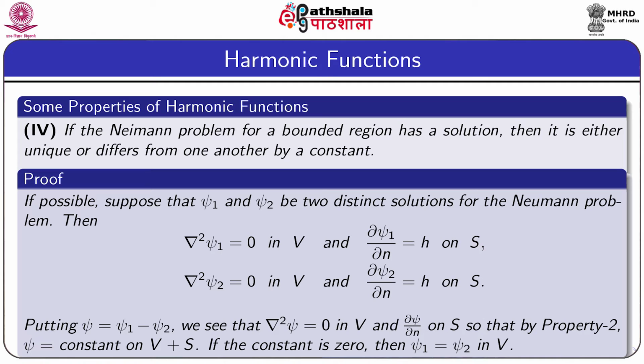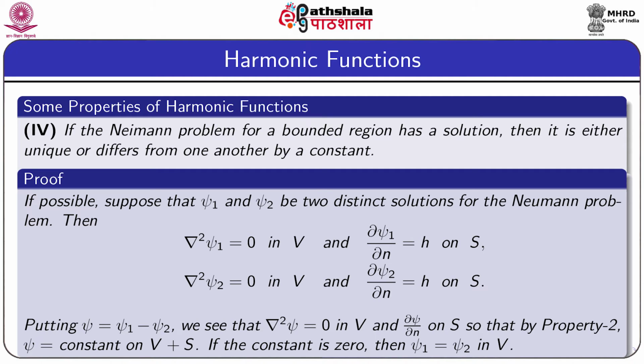So, its value is equal to 0 in V, and if we take the normal derivative of psi, that means del psi del n on S, its value is equal to del psi 1 del n minus del psi 2 del n. So, that is equal to h minus h equals 0 on S.